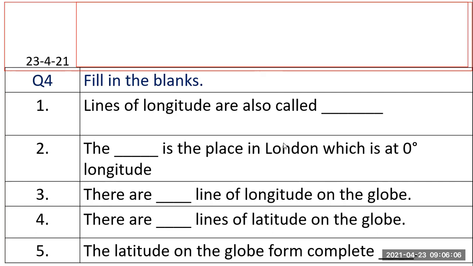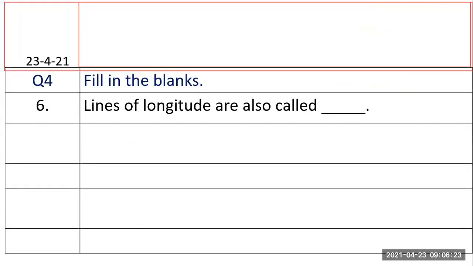Come on, guys. Should I go ahead? We are having just 3 minutes. Have you copied down these fill in the blanks? Let me go ahead then. Again, there would be date on the next page. We are having just one fill in the blank for the next page.